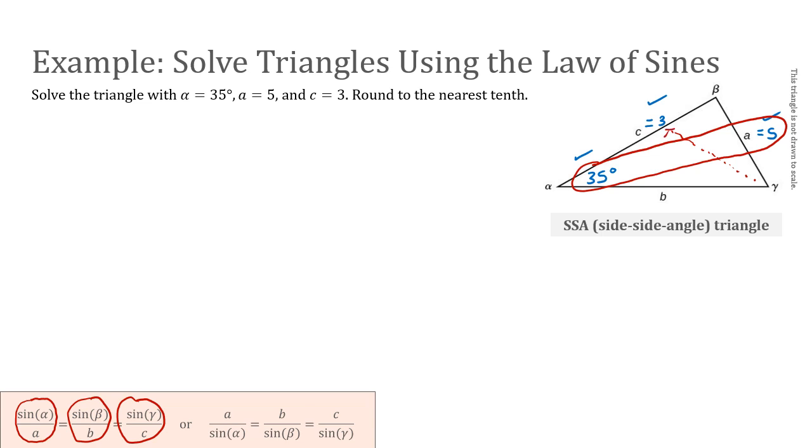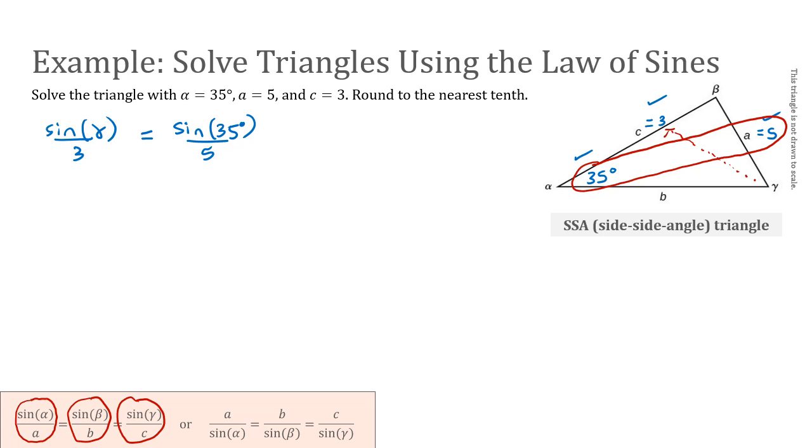All right, so let's write that down. So I can say that the sine of gamma over 3 is equal to the sine of 35 degrees over 5. All right, and so I'm going to try and get that gamma by itself, but before I get the gamma by itself, I need to get the sine of gamma by itself.